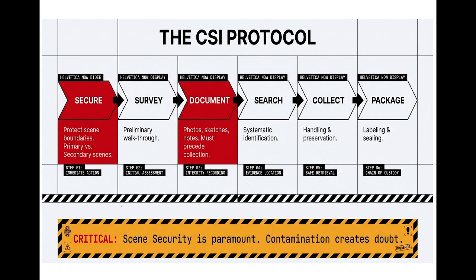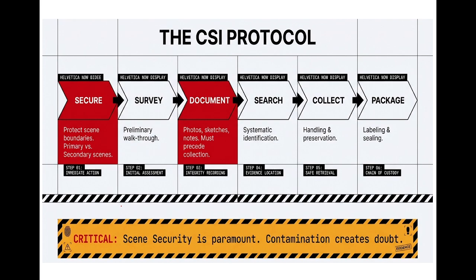So how does the CSI protocol happen? We talked about it. We secure the premises, we survey, we document everything, and we start searching and collecting the evidence and we package it. Obviously, we will have chain of custody. We covered chain of custody before. We know how we do chain of custody, so be careful. You need to relate all this knowledge that you acquired in the course back to each other.